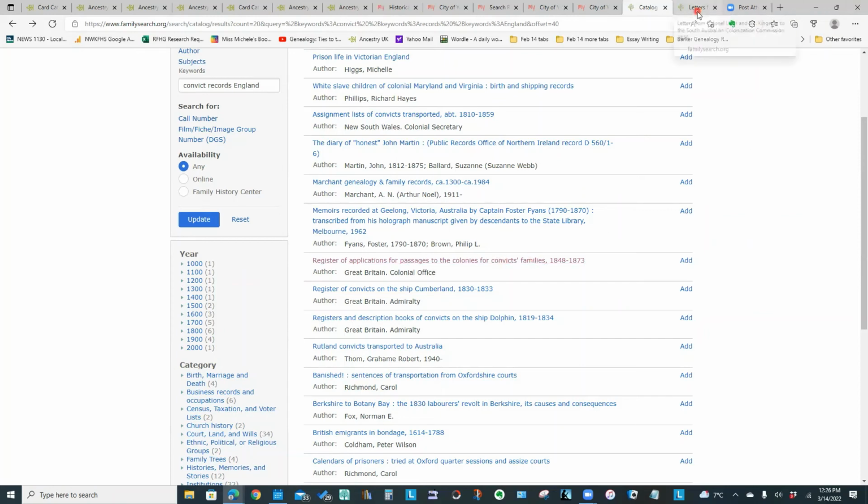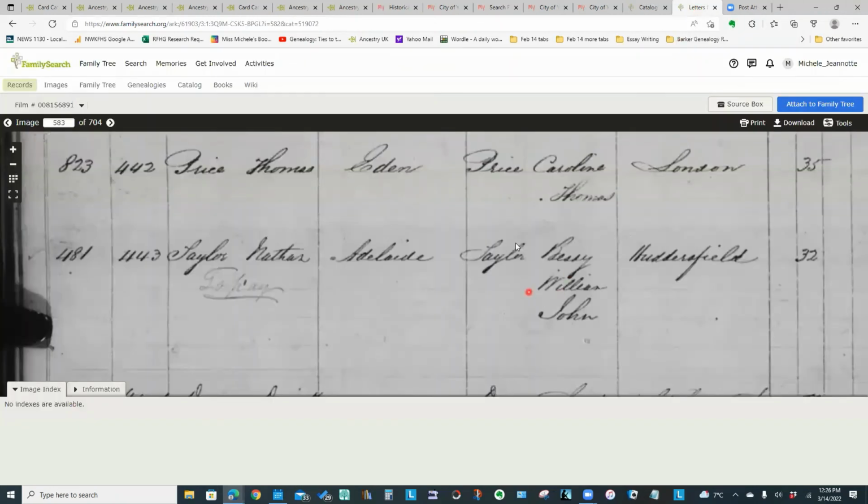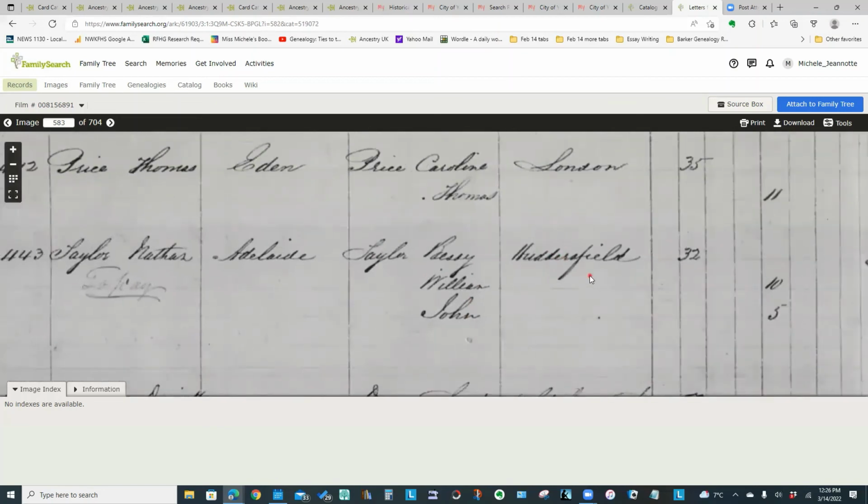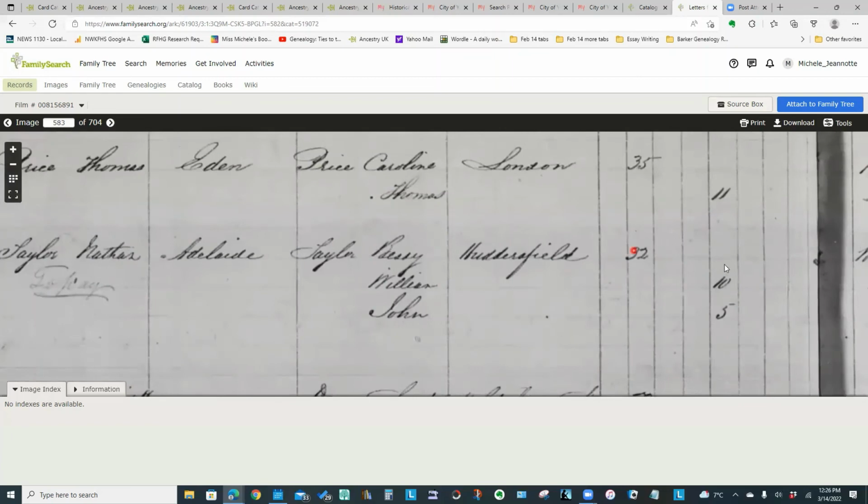So let's take a look at what that looks like. Here's an entry for someone from Huddersfield. So we have the person's name who was sentenced. We have Nathan Taylor. He is going to be transported on the ship, the Adelaide. Here is his wife, Bessie, and his 2 children, William and John, from Huddersfield. It gives the ages of the wife and the children.